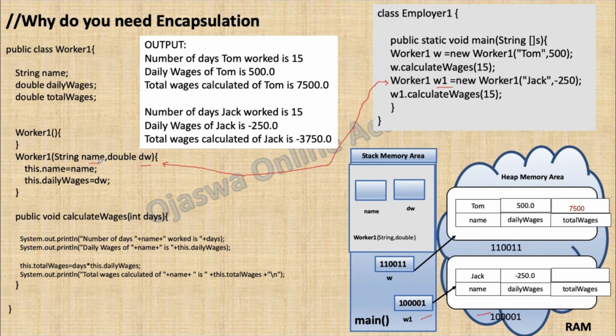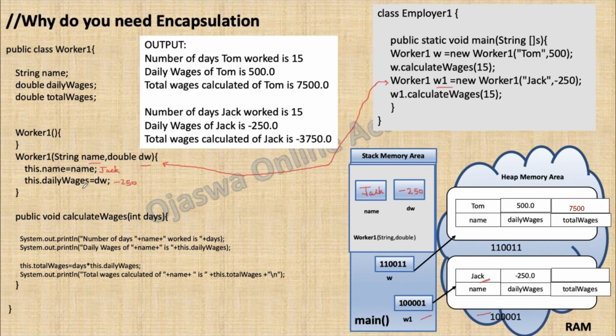Again, the memory for its local variables will be reserved on the stack memory area, and the value passed through the object is stored. Name will capture the first argument Jack, and DW will capture the second argument, that is minus 250. So this.name equal to name, that is Jack. Hence value Jack will be stored inside the instance variable name, and local variable DW has value minus 250.